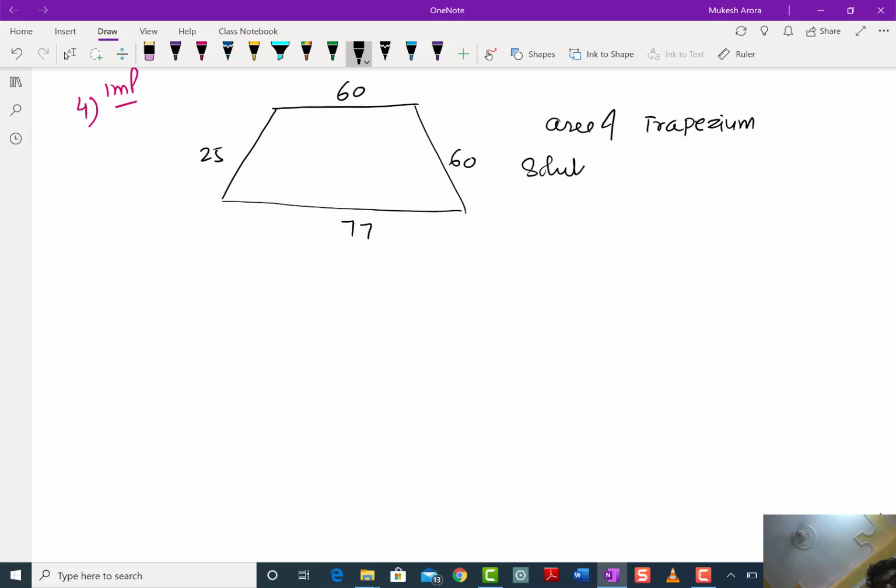Solution. Area of trapezium is half into sum of parallel sides into height. We don't have the height, so what we'll do, we'll draw CM parallel to AD.